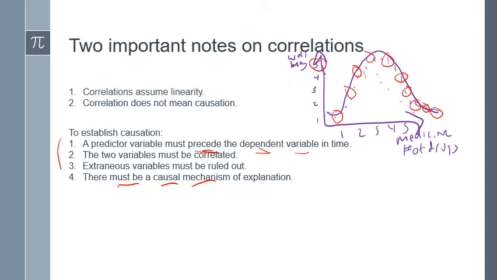It's not just kind of random, I don't know, for some reason they just do. You have to have the mechanism by which this occurs in the world. So those are the four criteria for establishing causation scientifically. So you want to make sure you know these so you don't make mistakes about attributing causes to things that are not really causes.